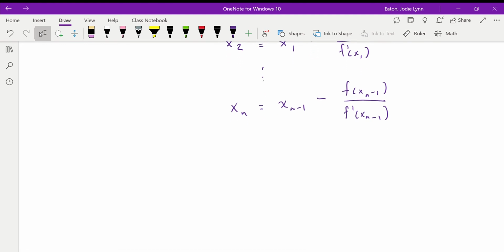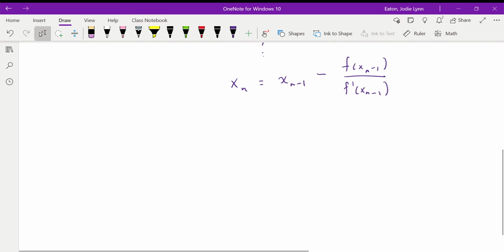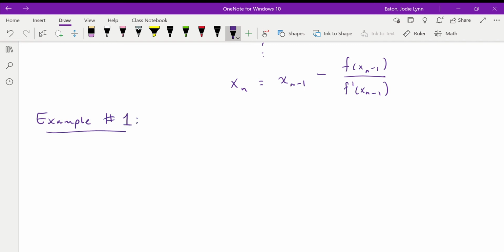Okay, so let's look at example 1. This is another method, but this method is specifically for finding roots. We're banking on the fact that the y value is going to be 0 when we created this formula for xn. So if we're going to solve different kinds of estimation problems, we need to make sure that it is to find a root.